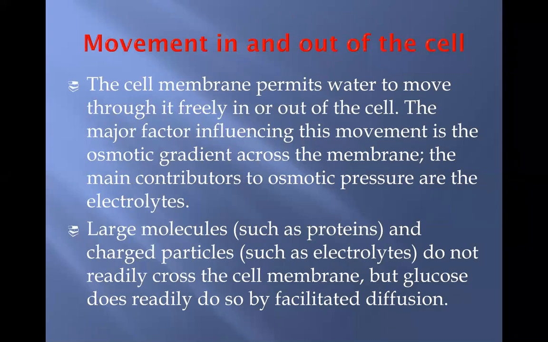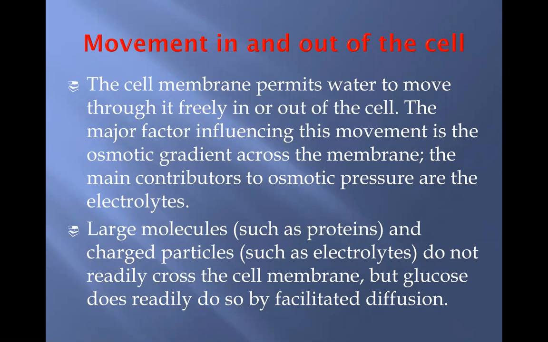The cell membrane permits water to move through it freely in or out of the cell, according to what? According to the osmolarity. So the major factor influencing this movement is the osmotic gradient across the membrane, that is to say the cell membrane.